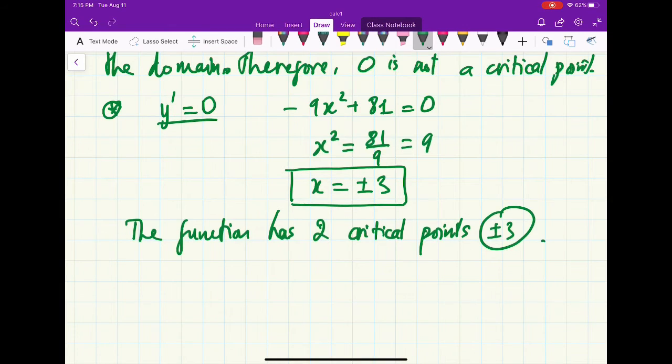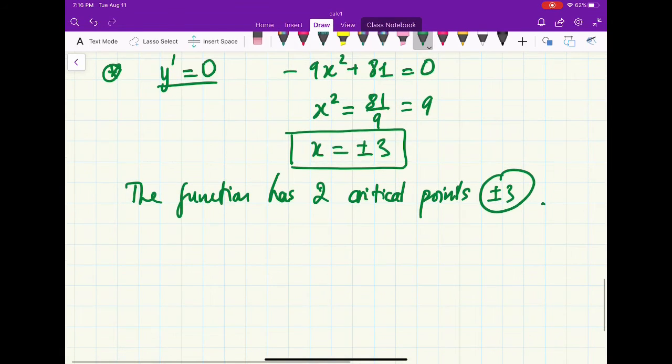And as we mentioned previously, the function may attain local minimum or local maximum only at critical points. So the function may attain local extrema only at plus or minus 3. Now we need to test which one is local minimum and which one is local maximum.